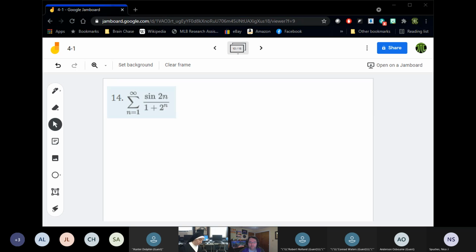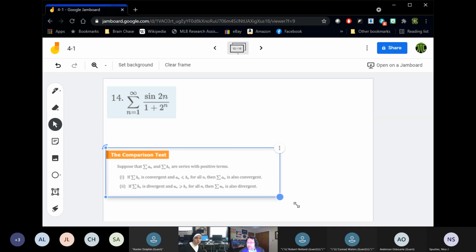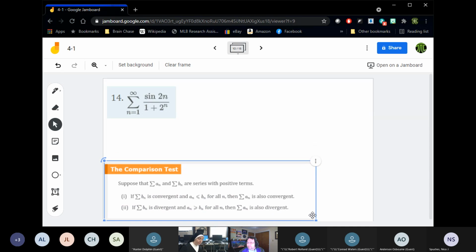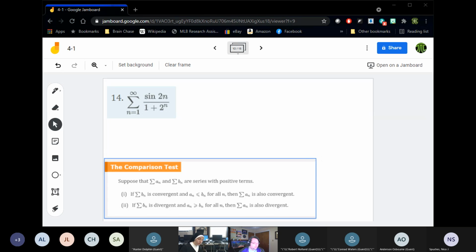All right, what are we going to do for this one? This one you're going to look at a comparison test. However, when you look at the comparison test, you're going to start off with the absolute value, because sine goes back and forth between positive and negative, so you have to look at the absolute value version of it.